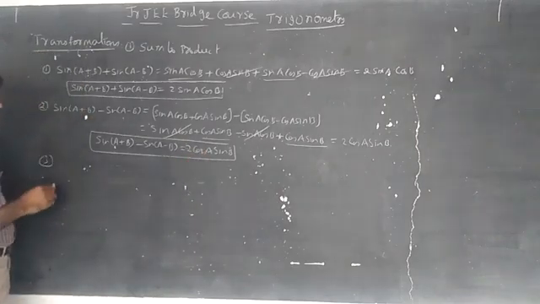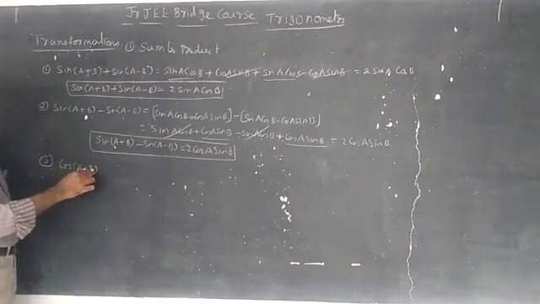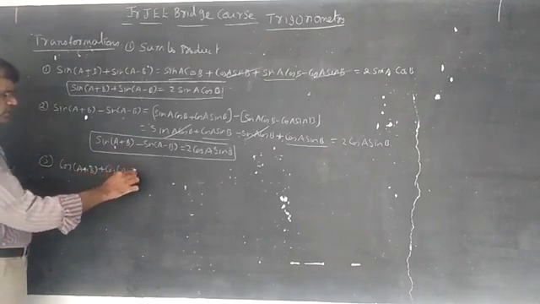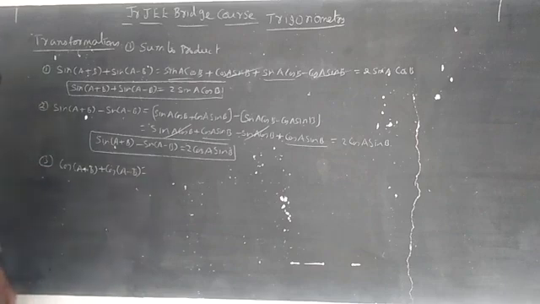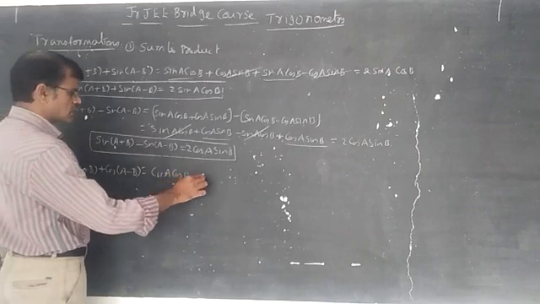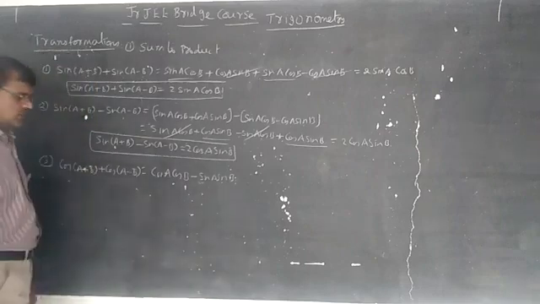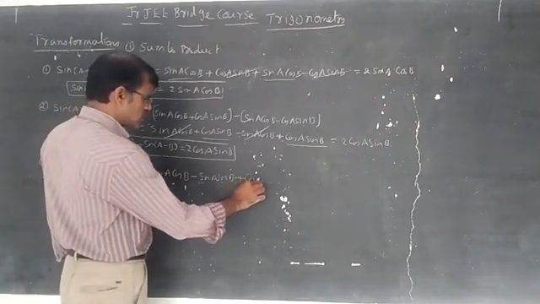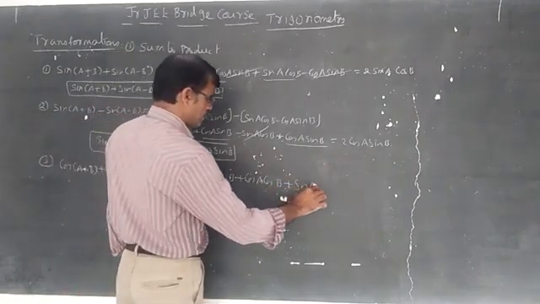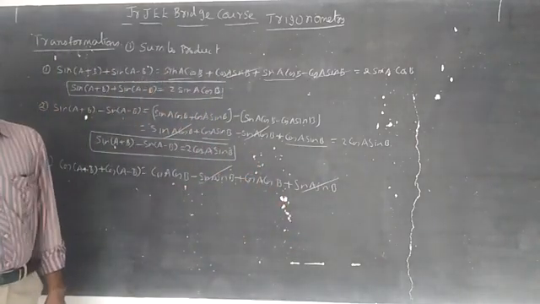Third one, cos of A plus B plus cos of A minus B. We can write the formula cos of A plus B as cos A cos B minus sin A sin B, plus cos A cos B plus sin A sin B. The sin A sin B, plus and minus values, will get cancelled.